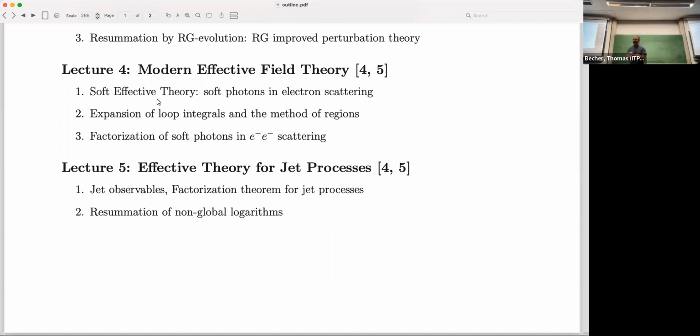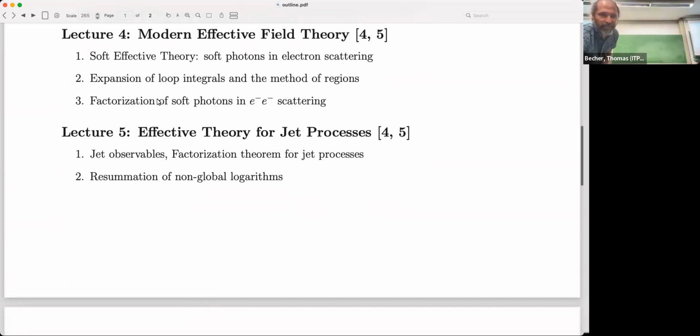This is in principle a very old story. In 1960, this was one of the first factorization theorems that was understood, but we can derive this very nicely with these modern methods. And this would lead to soft emissions in QCD, which have a similar but much more interesting structure.